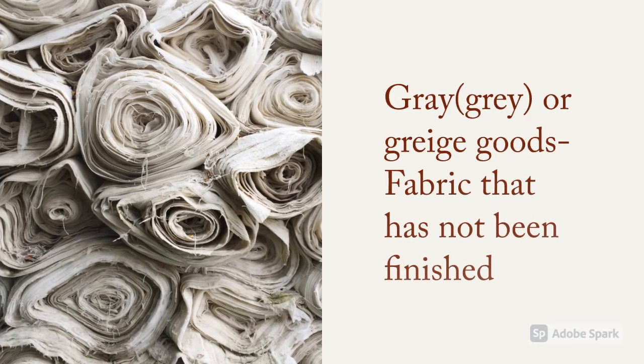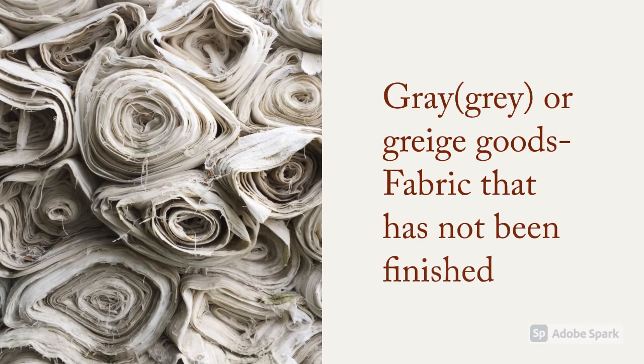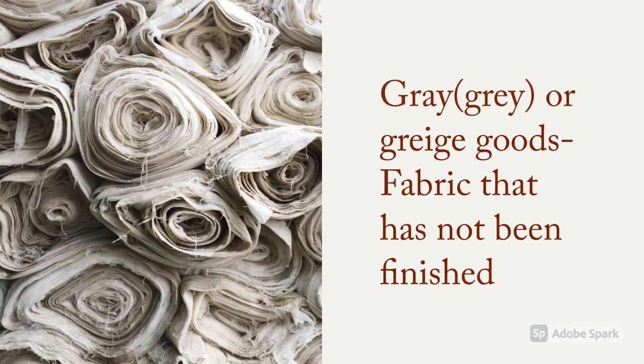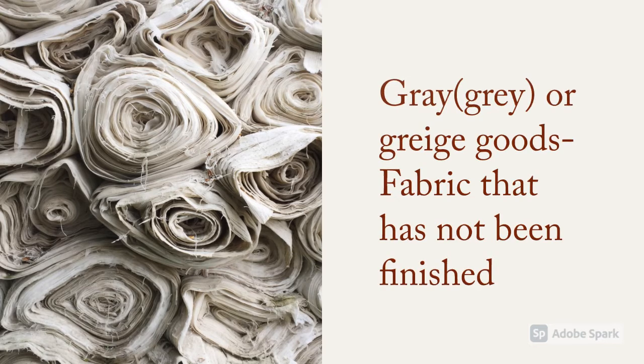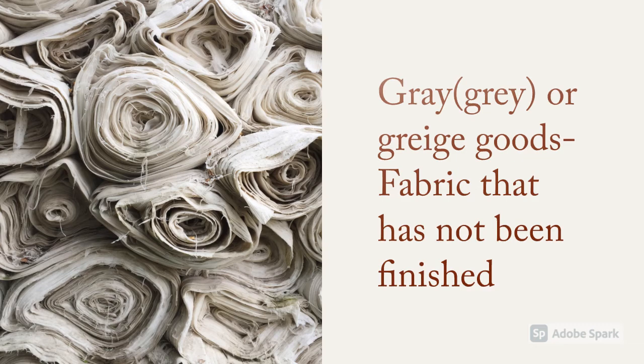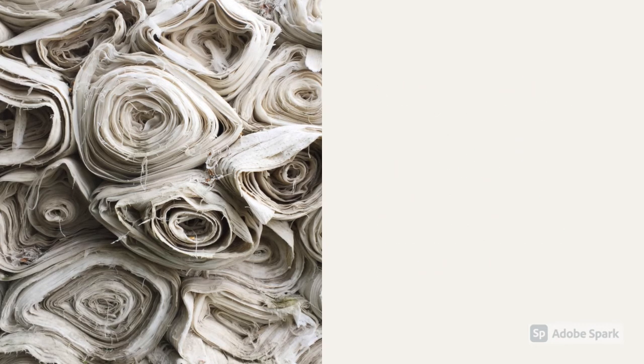And that just is any fabric that hasn't been finished yet. And us as consumers rarely see gray goods, except for those of us, as home sewers, as designers, that actually use muslin in our designing process. So, muslin actually is a grayish good, it's an unfinished fabric.